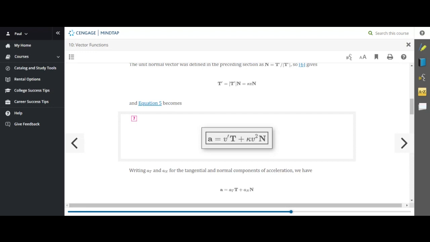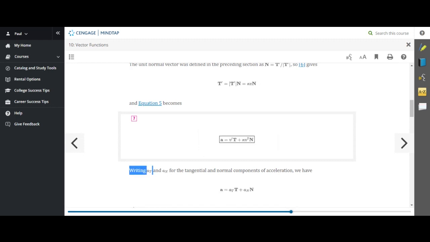What they do is they say, let's define the tangential component of the acceleration vector. Let's write a sub t and a sub n for the tangential and normal components of acceleration.